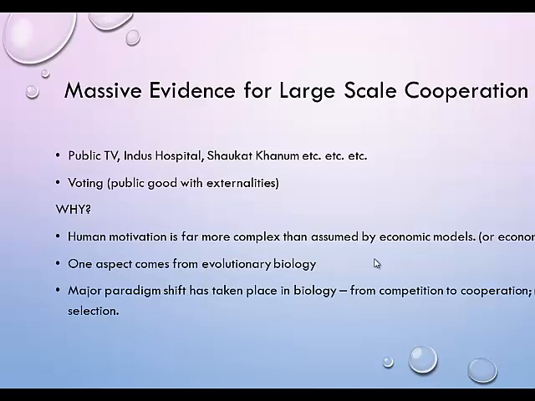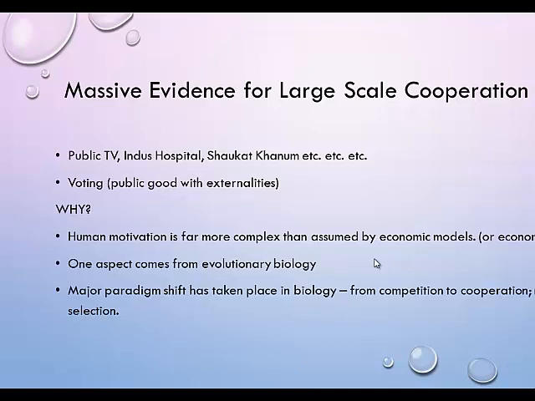The simple answer is that human motivation is far more complex than maximization of money. People behave for many different reasons, and people are not robots. This is one reason which I will discuss later. But in today's lecture I will focus on another reason which is very different and very strange and interesting.